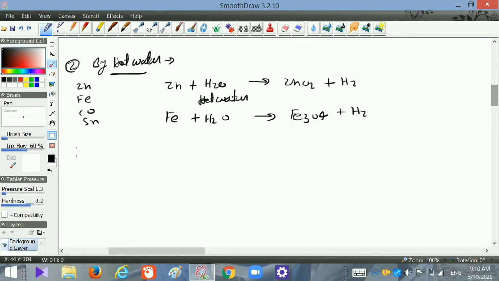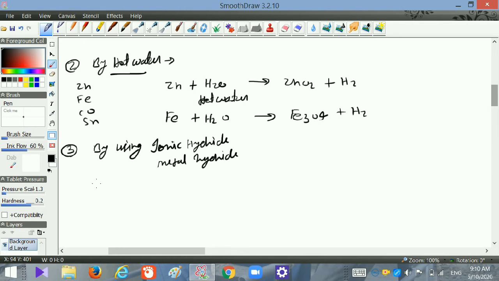Now we will learn the third method to prepare hydrogen gas. See, the third method is by using ionic hydride, or you can say metal hydride.